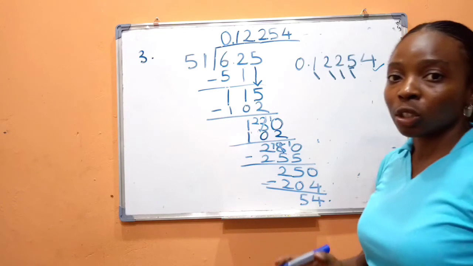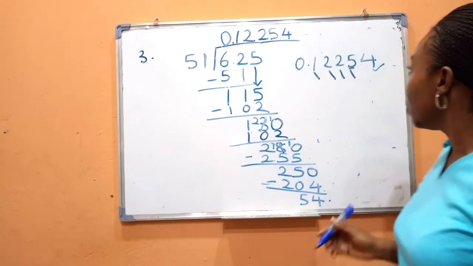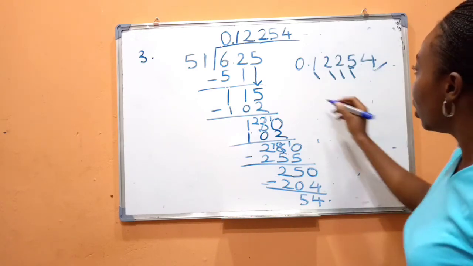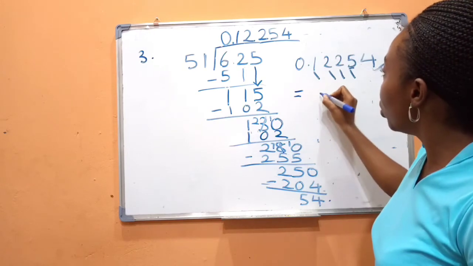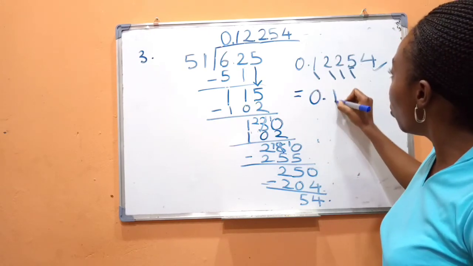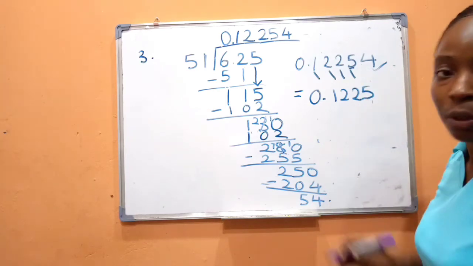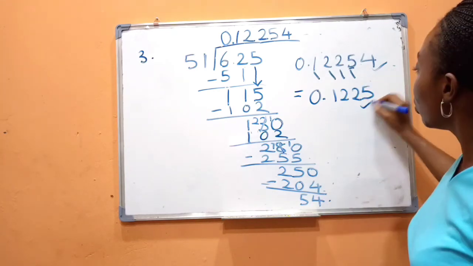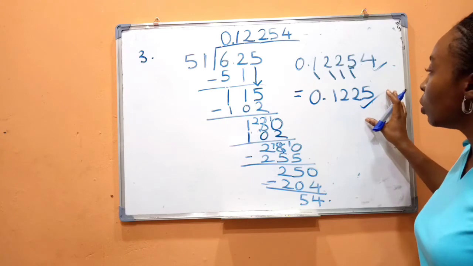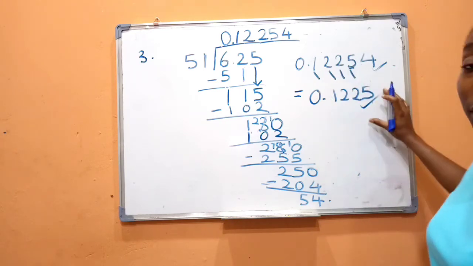Since it is not up to 5, what we simply do is to discard it, okay? So we are going to be left with 0.1225. All right, so this is the answer of the division to 4 decimal places.